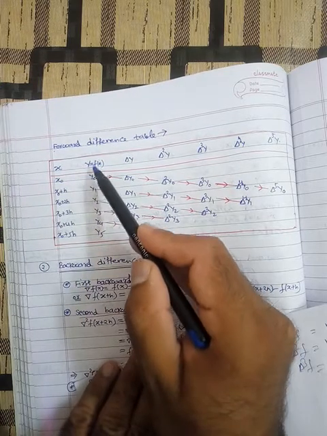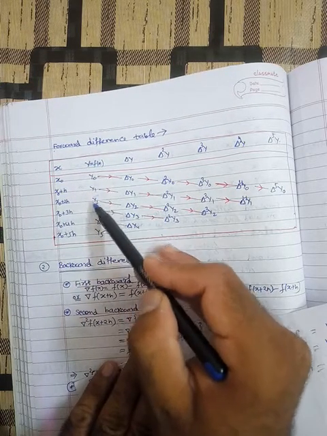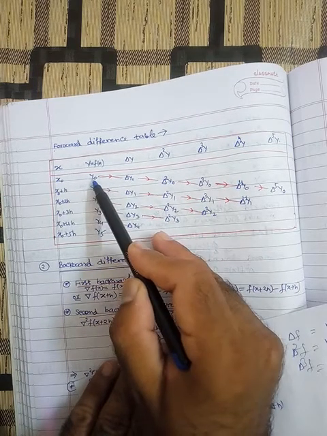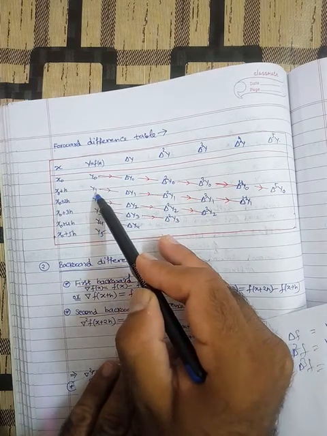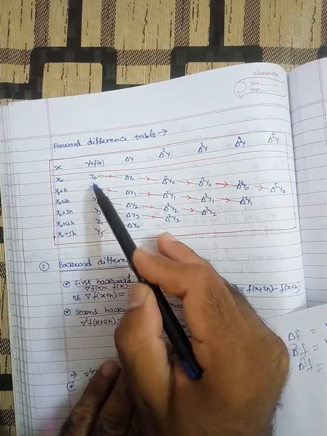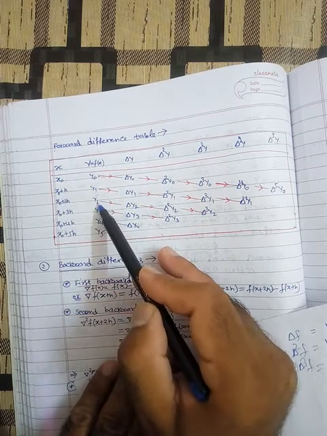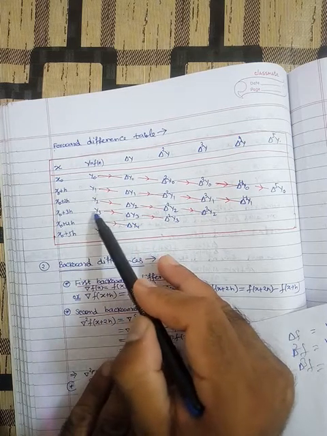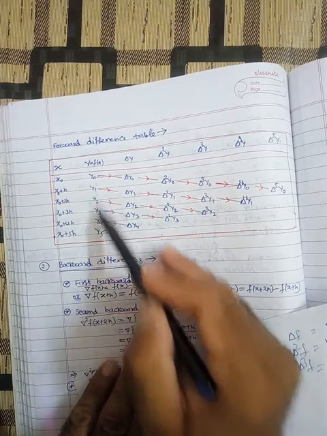Similarly, the corresponding values of f are y0, y1, y2, y3, y4, y5, where y0 is nothing but f of x0, y1 is f of x0 plus h, y2 is f at x0 plus 2h, y3 is f at x0 plus 3h and so on.